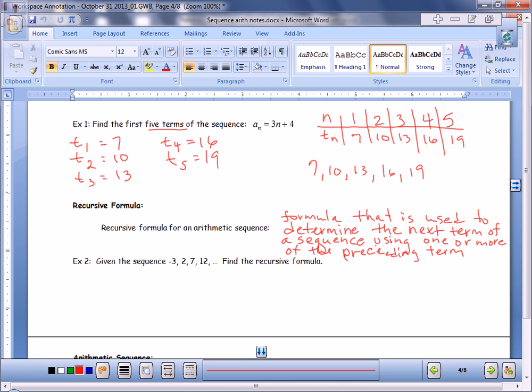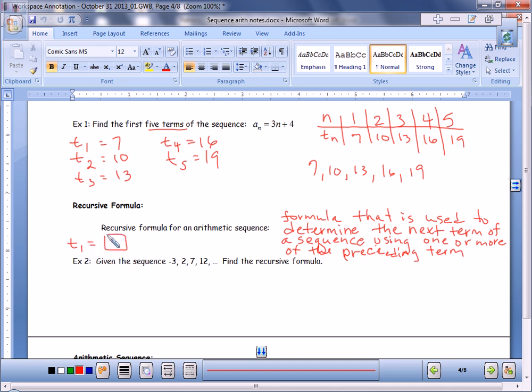Now here we are given a sequence. First of all, is it arithmetic? How do you know? You're adding the same number every time. Very good. Now we're supposed to find the recursive formula. It's a 2-part formula. First part, we have to define what the first term is: T sub 1 equals whatever. Fill in the box.